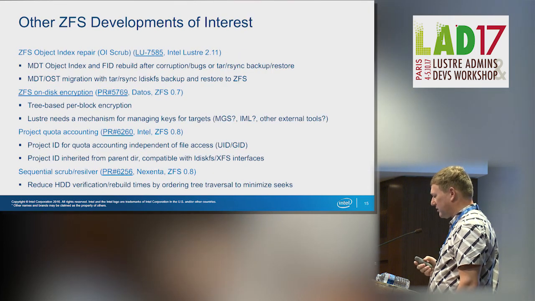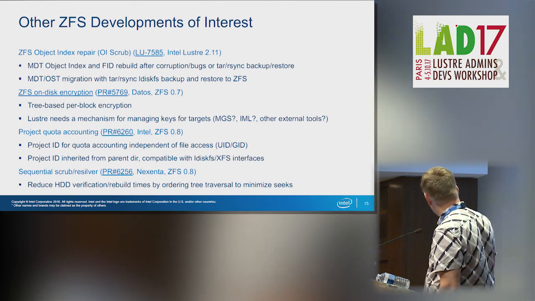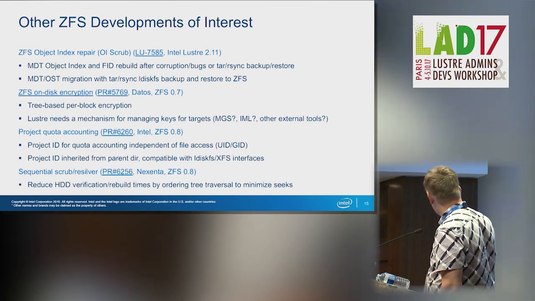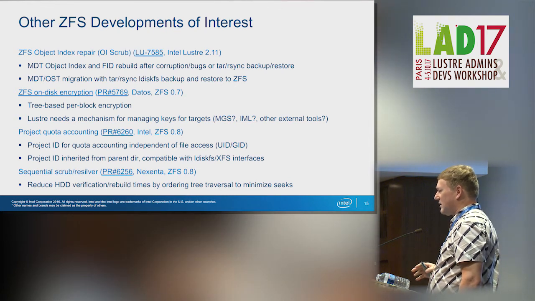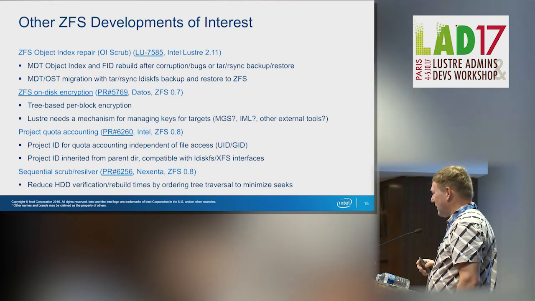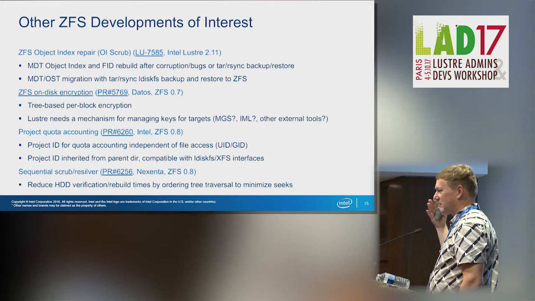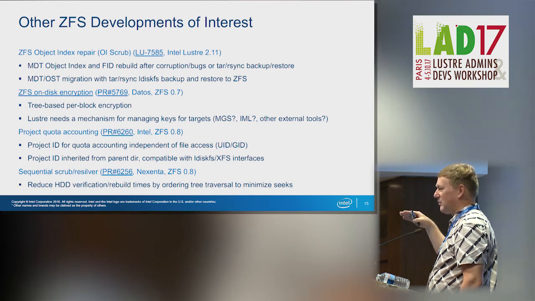There's a number of other miscellaneous improvements. One of them is actually sort of a Lustre improvement: OI scrub for ZFS. While in theory ZFS never gets corrupted and has checksums, there are software bugs or other reasons why the Lustre object index might become broken. Another issue is backup and restore.